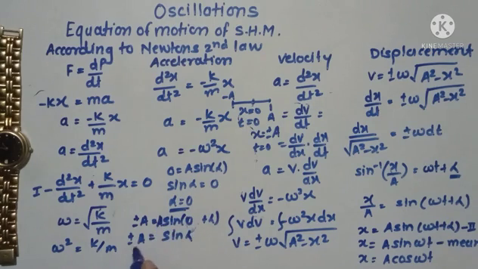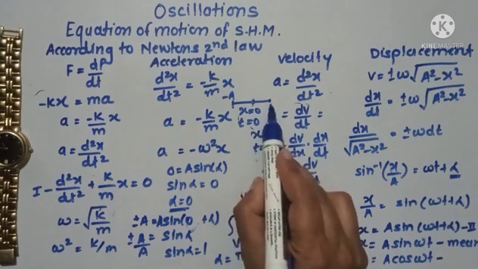So sine alpha is equal to 1, or I can get alpha is equal to pi by 2 or 3 pi by 2. Therefore, this is nothing but sine of omega t plus pi by 2. It is nothing but the cos of omega t. Therefore, this is the expression for the displacement of a particle when the particle is starting from the extreme position.